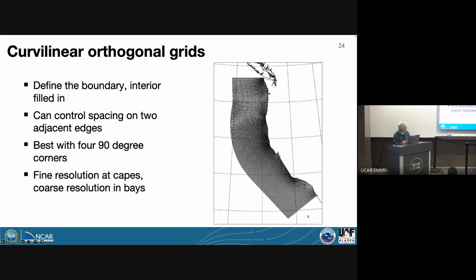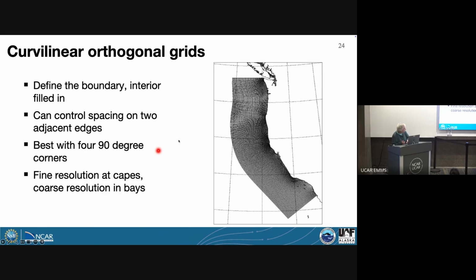In this case, the outer edge has uniform grid spacing, and then what you get at the inner, coastal edge is what you get.